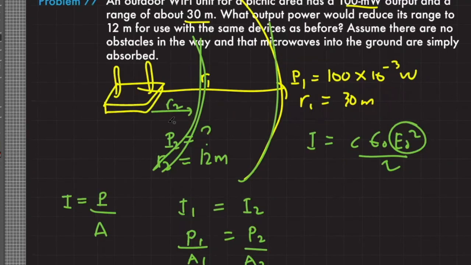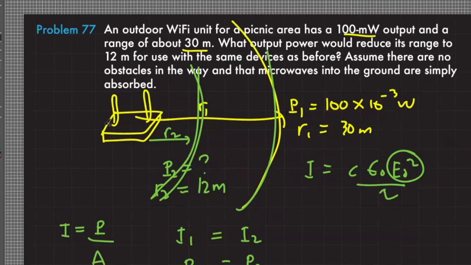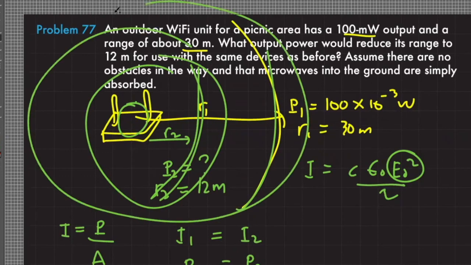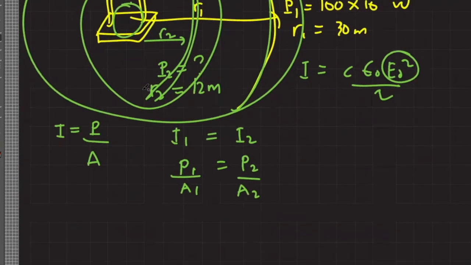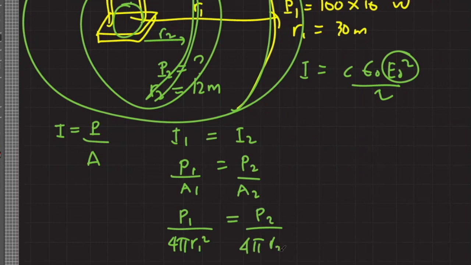We can assume that when the Wi-Fi unit emits electromagnetic waves, it's radially symmetric. It's like a giant spherical wave. So the surface area for this spherical wave is what? 4 pi r squared. So I can rewrite area as the area of a spherical surface. So P sub 1 over 4 pi R sub 1 squared equals P sub 2 over 4 pi R sub 2 squared.